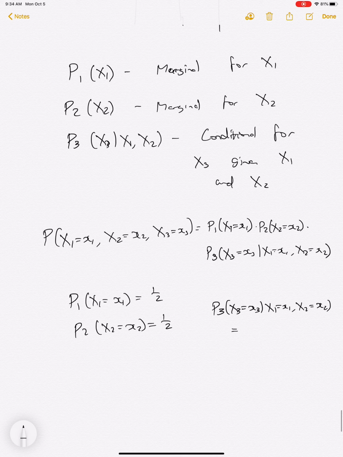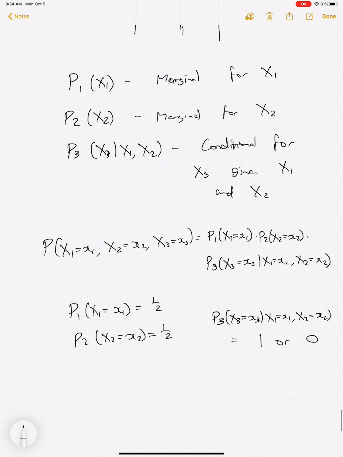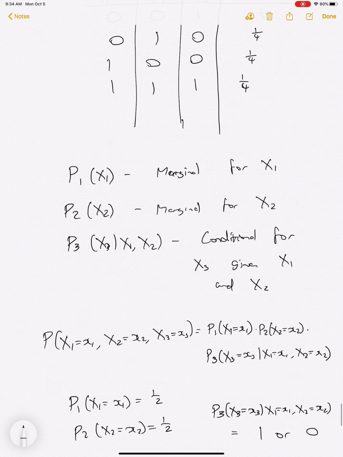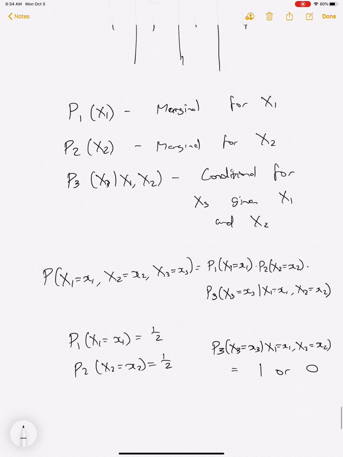That's going to be equal to 1 or 0, depending on if x1 and x2 are the same. Then you can look at this table to see what different values you get. This is how you can write this table as a factorized distribution.